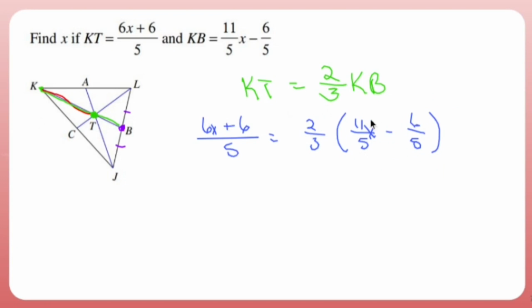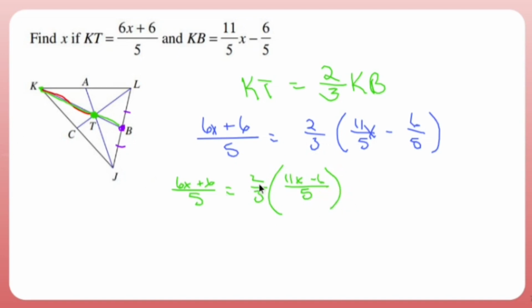Now, what I'm going to do to make my life a little bit easier is I'm going to combine these two. Is it necessary? No, but I'm going to combine these two. I have (6x plus 6) over 5. Nothing's changed there. 2/3, nothing's changed there. (11x minus 6) all over 5, like so.